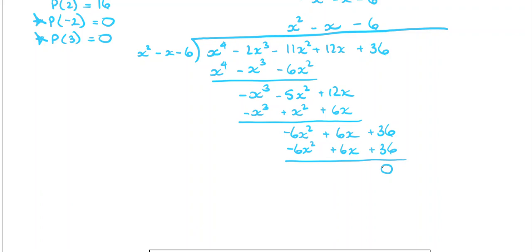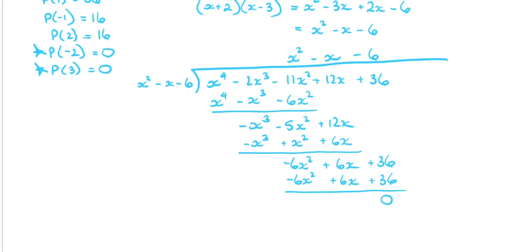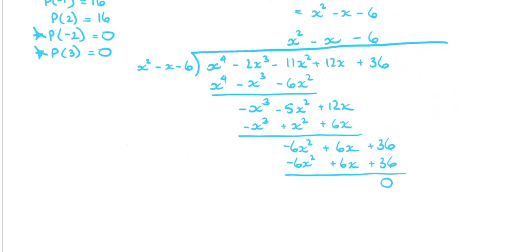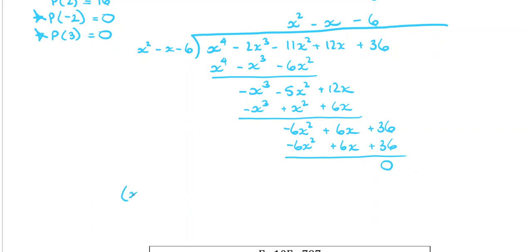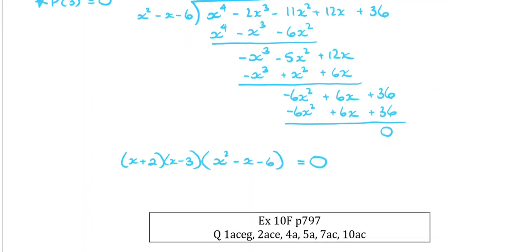Okay, so I've found out that my polynomial, my first 2 factors were, when they were factorized, x plus 2 and x minus 3. I have now found that when I divide that, I get a quotient of x squared minus x minus 6, and this equation is equal to 0.